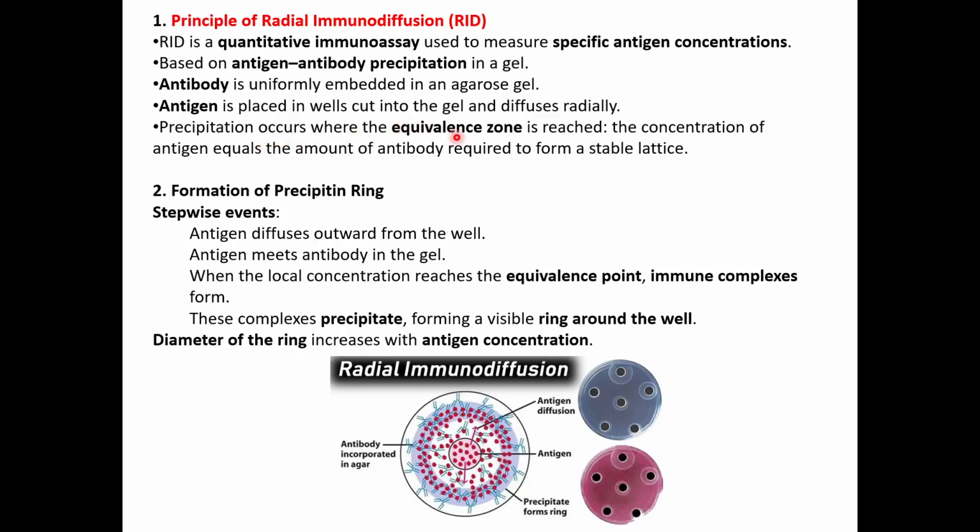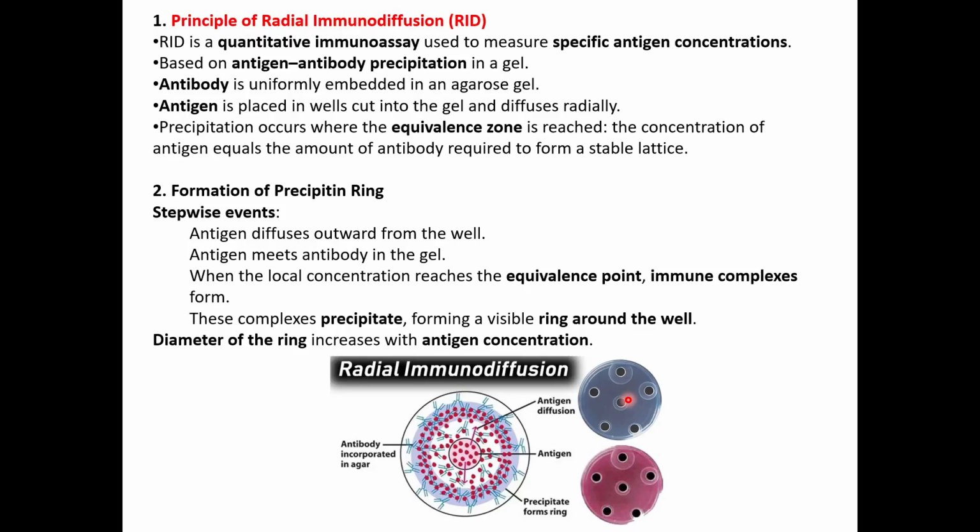So precipitation occurs wherever the equivalence zone is reached. The equivalence zone is nothing but the concentration of the antigen equal to the concentration of antibody required to form a stable lattice. So we have something called an antigen antibody complex, right? In the previous case also we saw where agglutination happened, but here a stable lattice will be formed because you have cut it in a circular shape. The diffusion also will be circular.